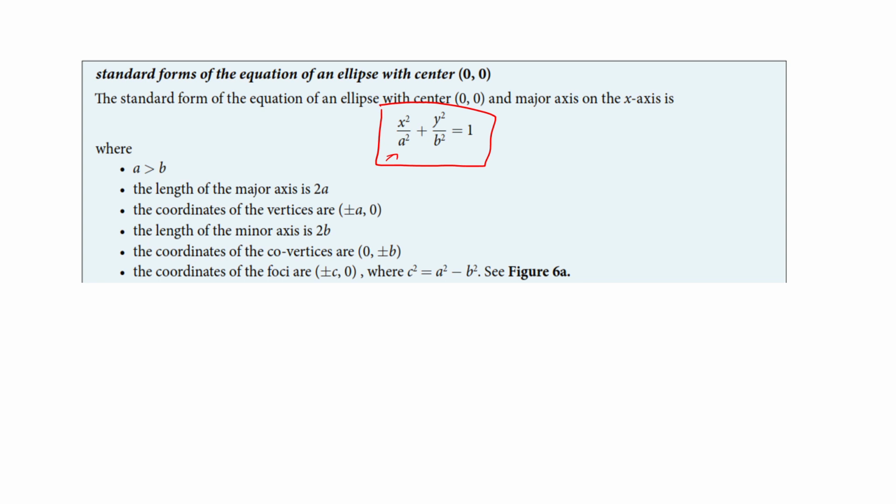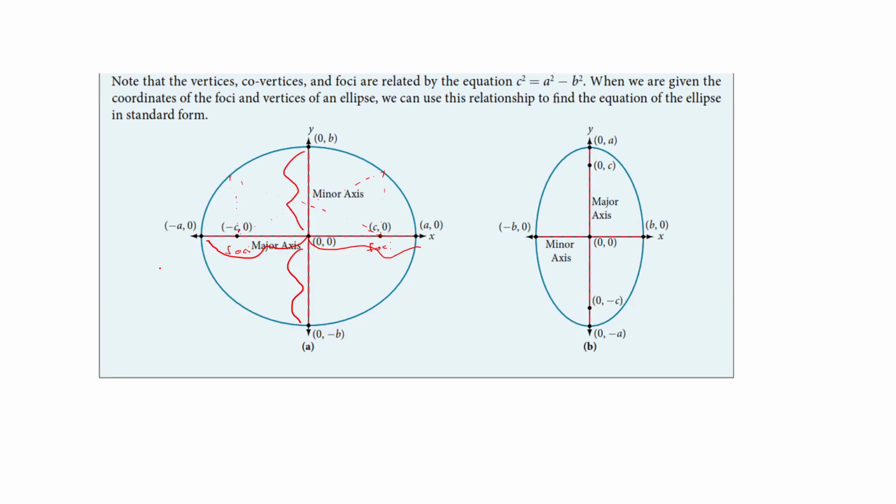The last thing that's super important is that we need to be able to find the distance to those foci, and here's where it's derived from. If we make a right triangle here, we get the formula c squared equals a squared minus b squared. It sounds a little different because we're used to a squared plus b squared equals c squared, but it hasn't changed anything. It's based on the Pythagorean theorem.